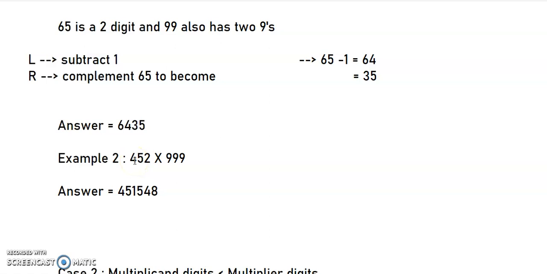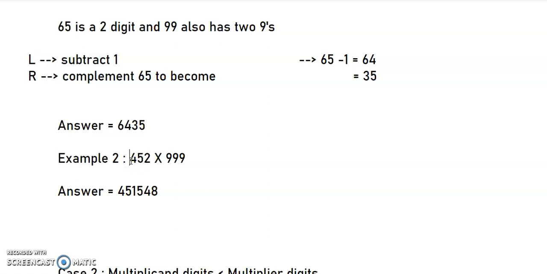This is a 3-digit number, so we subtract from 1000: 1000 minus 452 is 548. Quickly, for the last digit we subtract from 10, and for the previous digits we subtract from 9.